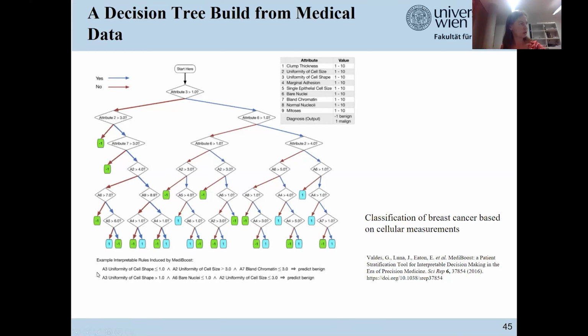For instance, the first rule is: if A3, the uniformity of the cell shape, is smaller or equal to some threshold, and the second measurement, A2, the uniformity of the cell size, is quite large, and the bland chromatin, which is the seventh attribute here, is smaller or equal to some threshold, you have a benign tissue sample. So these are nice interpretable rules.